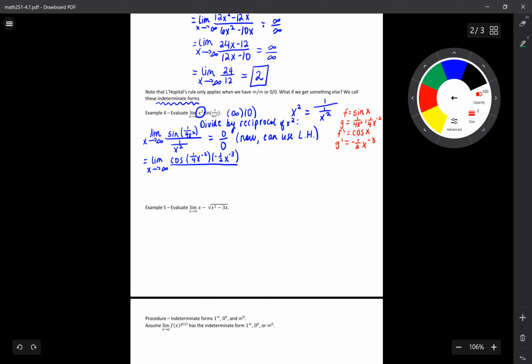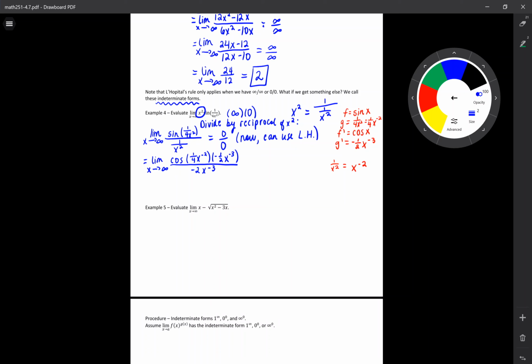What is the derivative of the bottom? Well, remember that 1 divided by x squared is the same thing as x to the power of negative 2. So if I use the power rule here, I will get that this derivative is equal to negative 2 times x to the power of negative 3.